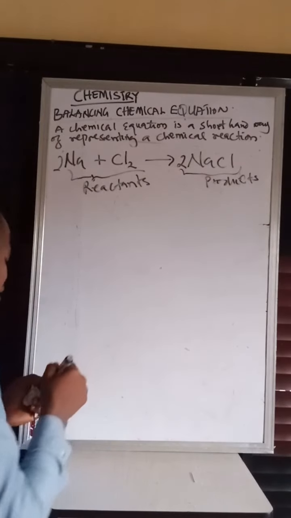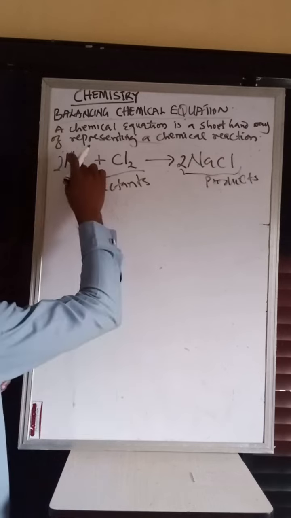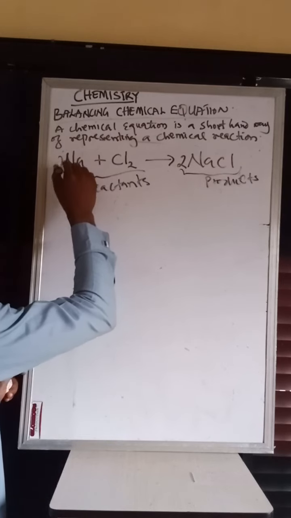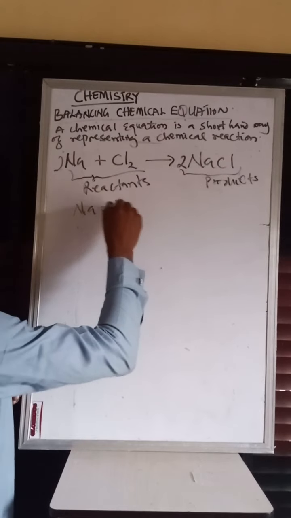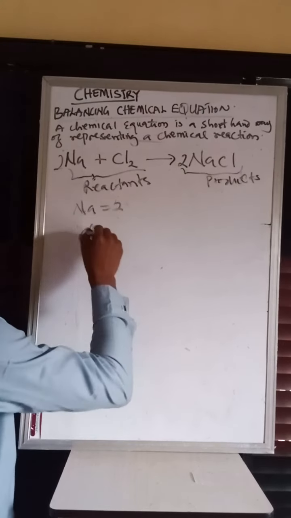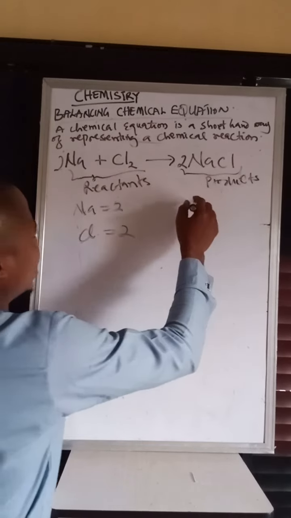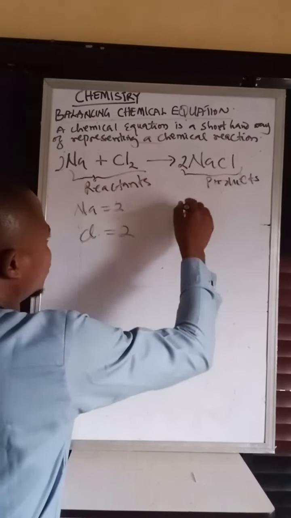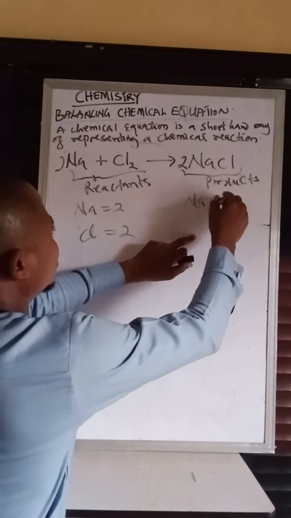So on the reactant side, we have sodium, but because we have 2 in front of sodium, it means 2 moles of sodium, and that is equivalent to 2 atoms of sodium. While we have chlorine, and we have 2 atoms of chlorine here, we'll write 2. On this side, we have 2 in front of sodium too, so that means we have 2, we'll call it moles, but for now, let's call it 2.